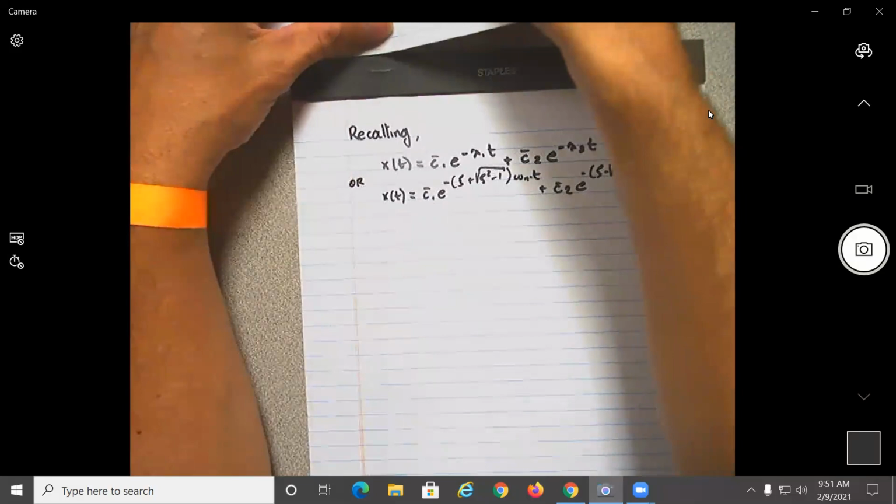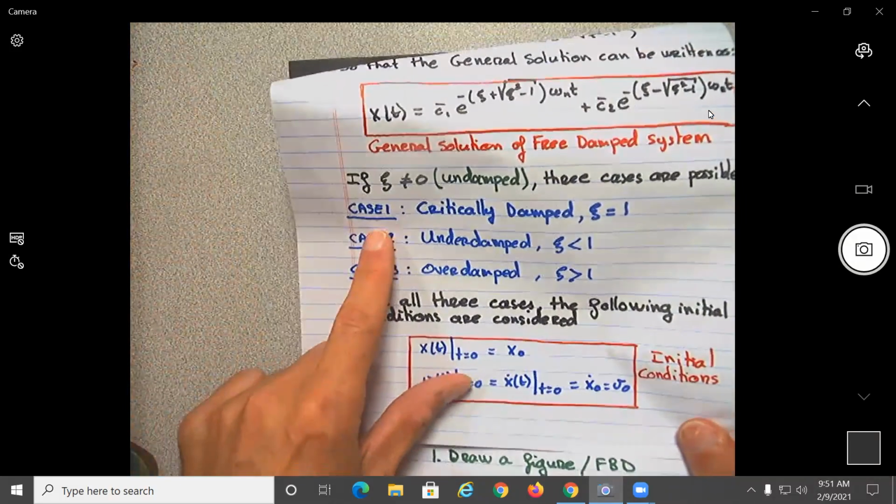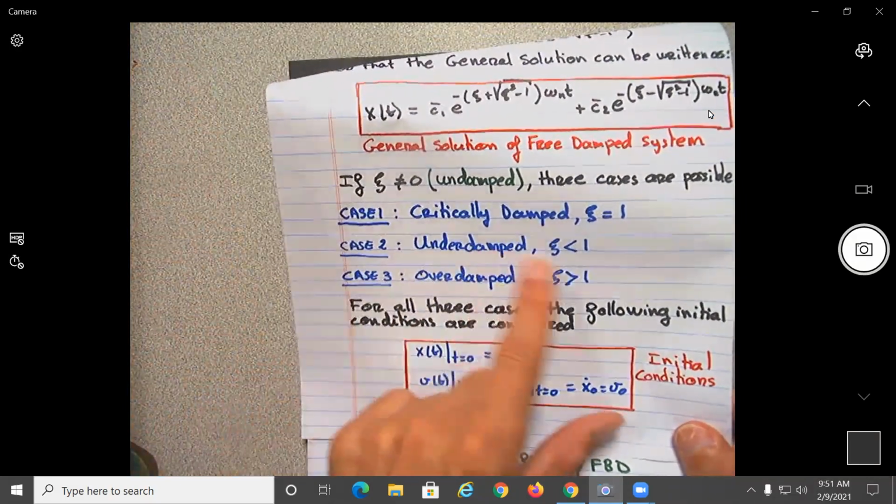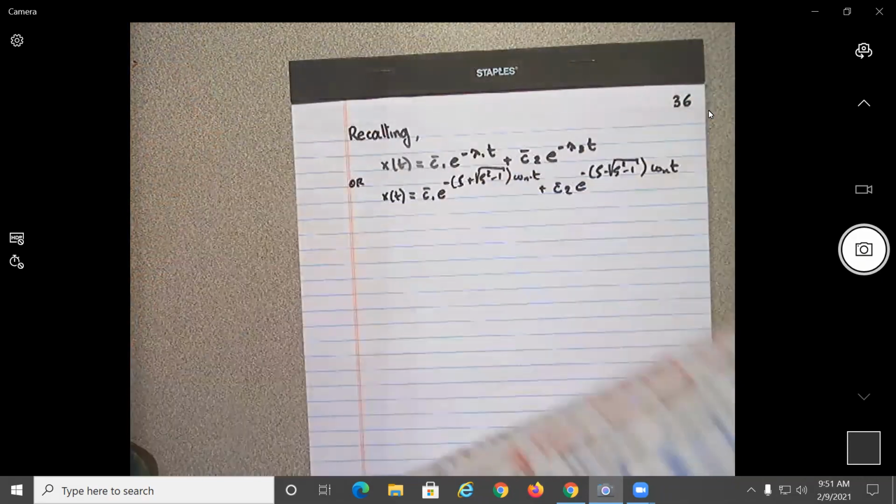Okay, we need to look at three different cases. Case 1, critically damped. Case 2, underdamped. Case 3, overdamped.